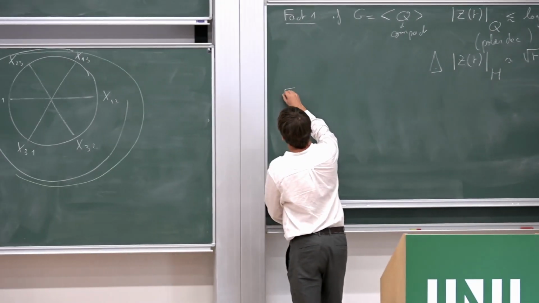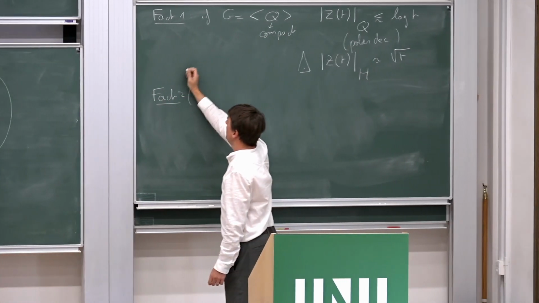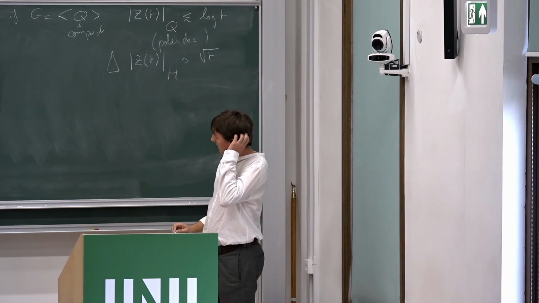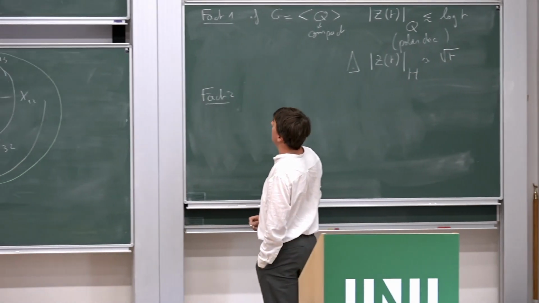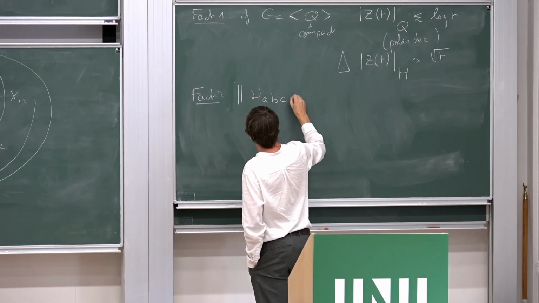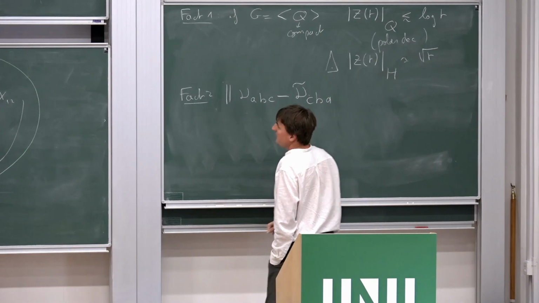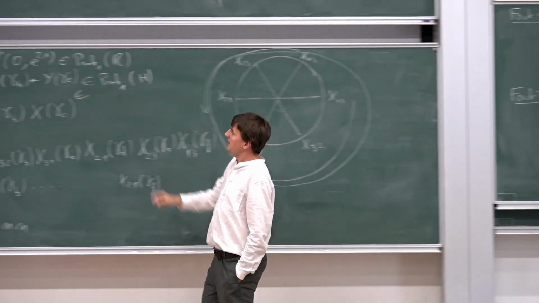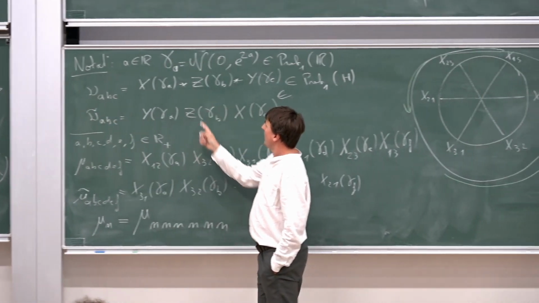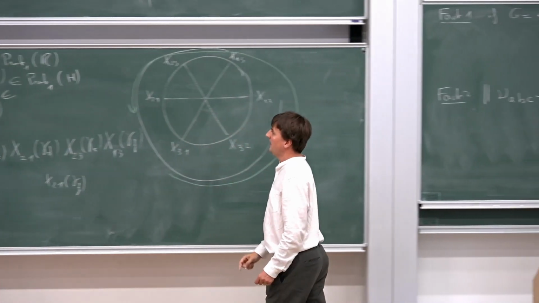The second step, which for me is an incarnation of the fact that H is amenable, or a way of proving that it's amenable: we have these 2 measures, nu and nu tilde, and if we take nu ABC and nu tilde CBA, it's the same factors, but in a different order.